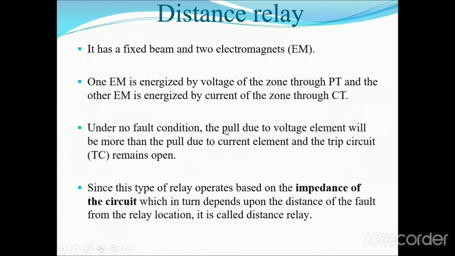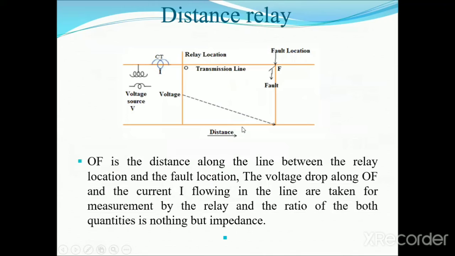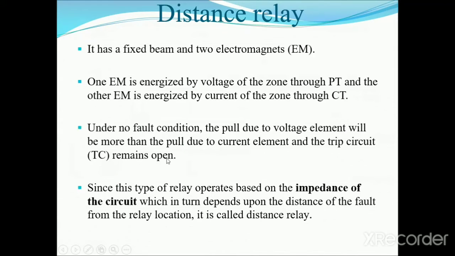Under no fault condition, the pull due to the voltage element will be more than the pull due to the current element. Under normal operating condition, the pull due to the voltage element is more than the current element. In this condition the relay does not operate, that means the tripping circuit does not close.